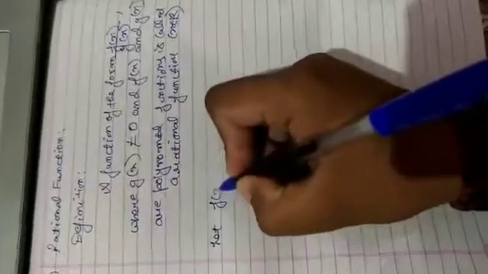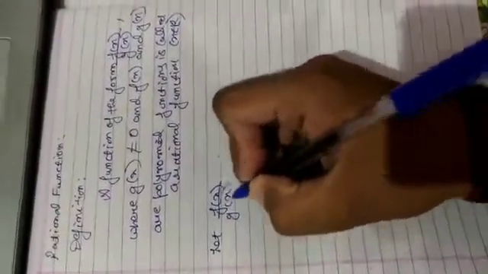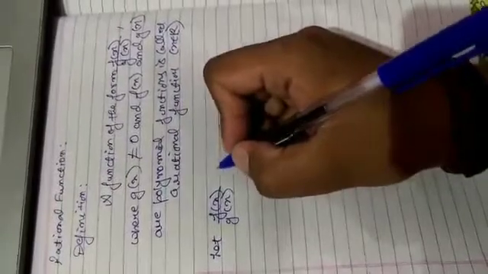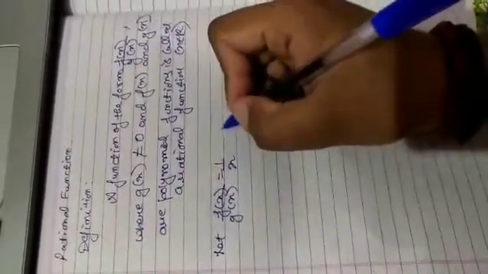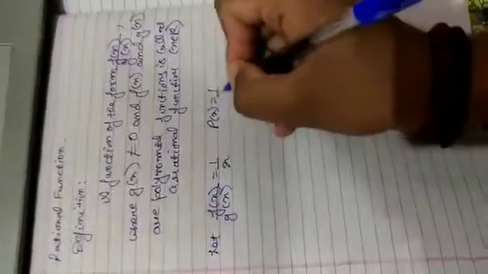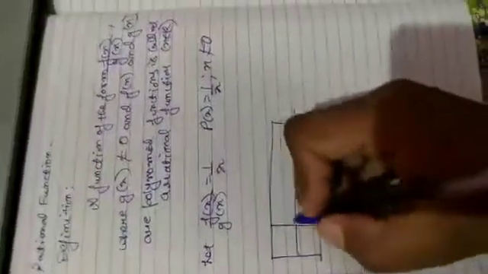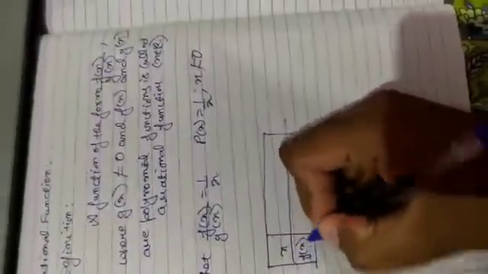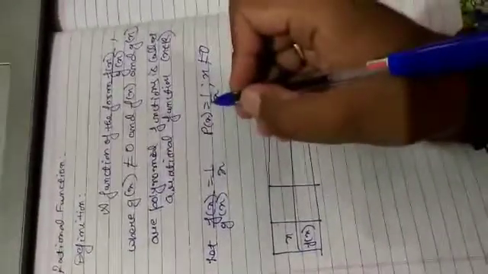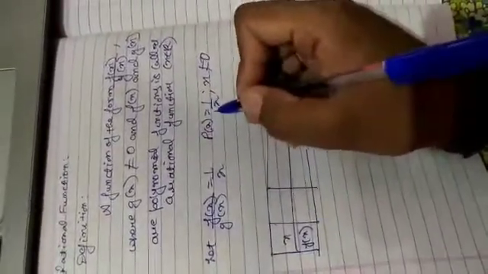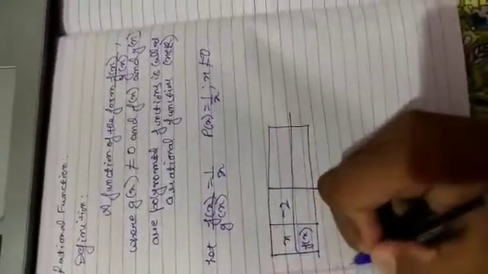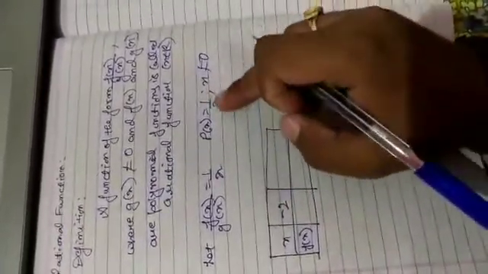Let f(x) upon g(x) be 1 upon x, and p(x) is equal to 1 upon x where x is not equal to 0. Now if we make the graph table for x and f(x), if we put the value of x as -2, what will be the value of 1 by x?